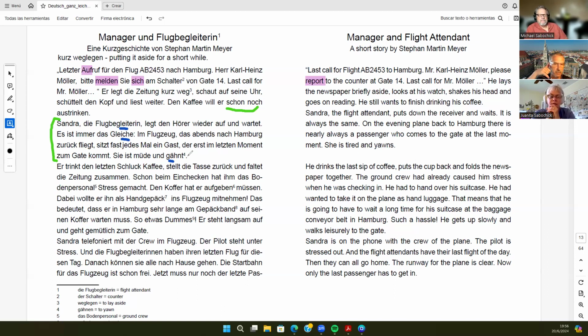Hörer, the one she hears with. So the verb in there is hören. This is a noun that comes from the verb hören. She lays it down and waits. The verb is auflegen. So she picks it up, makes the call on the intercom, and then auflegen means to hang up.